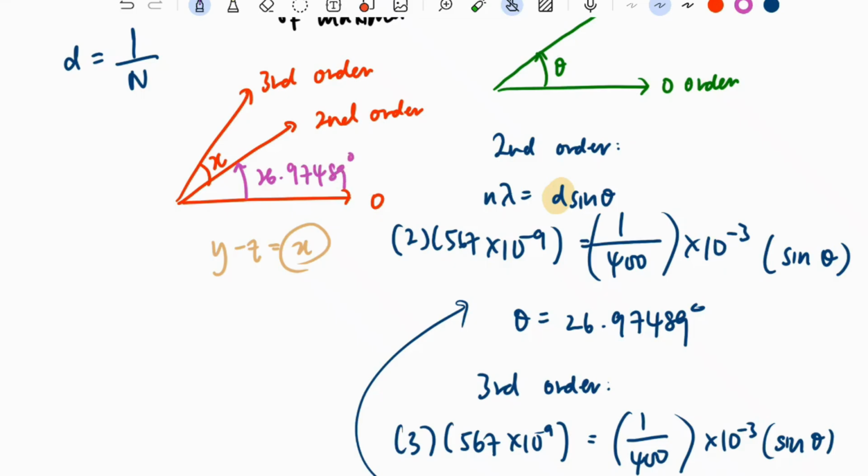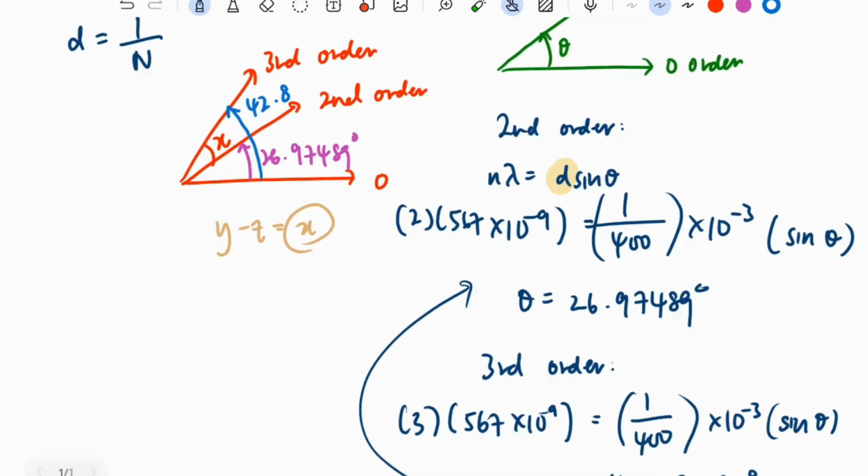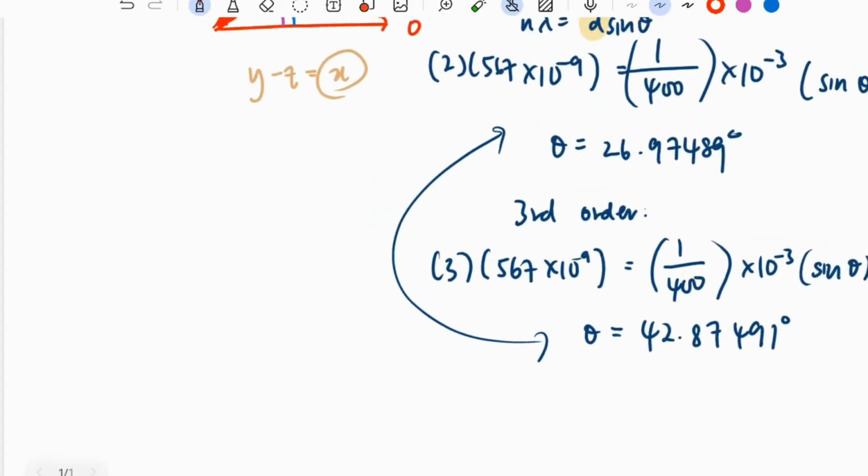So this is our second order angle, and our third order angle is this, which gives us 42.87491 degrees. And to find this angle in red here, by basic maths, you take 42 minus 26.